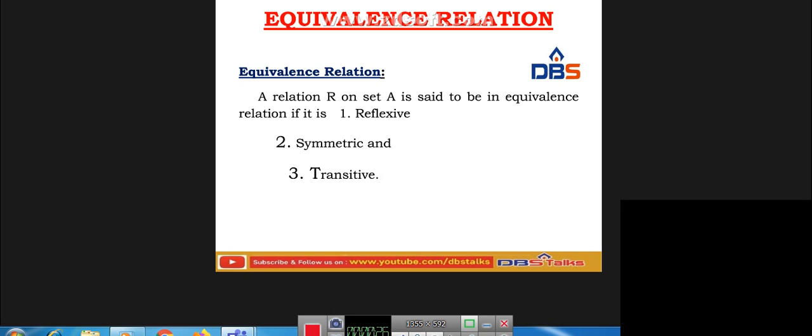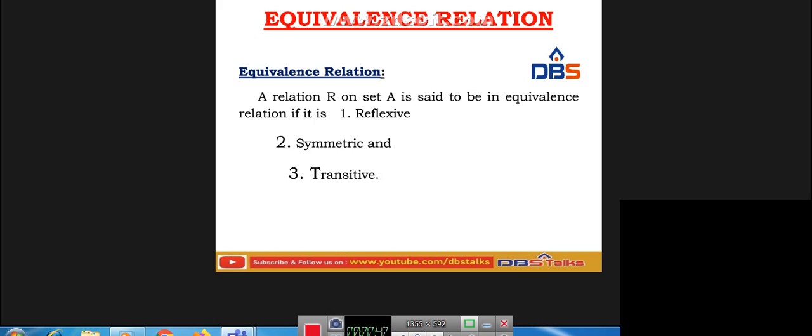Whenever these three properties are satisfied, the given relation is called an equivalence relation.